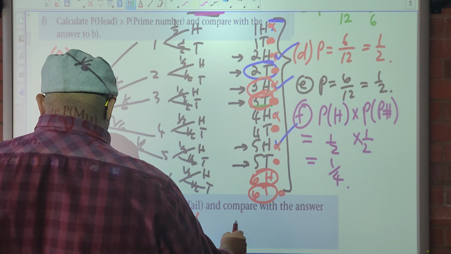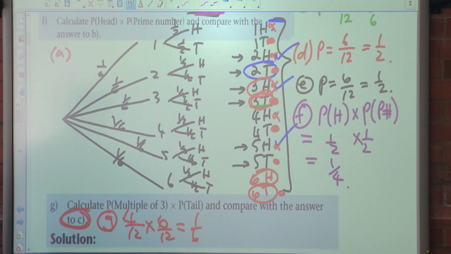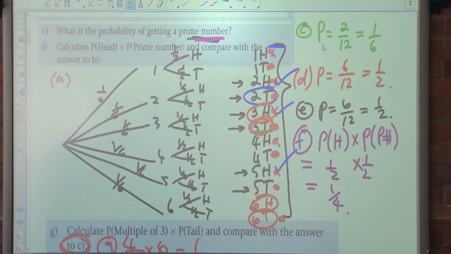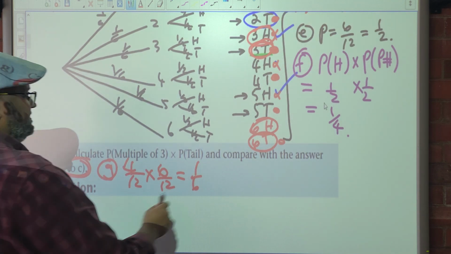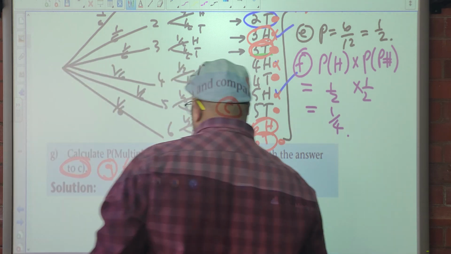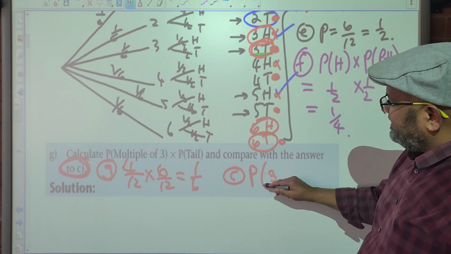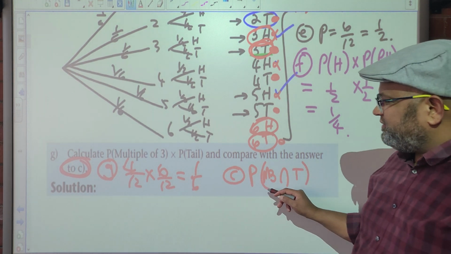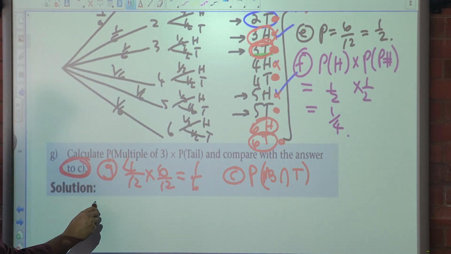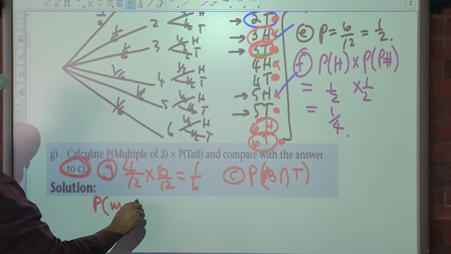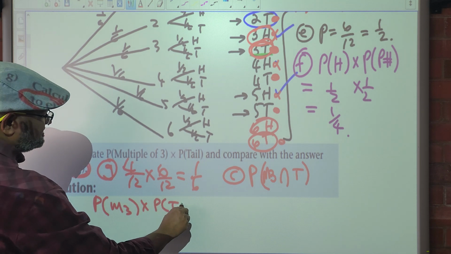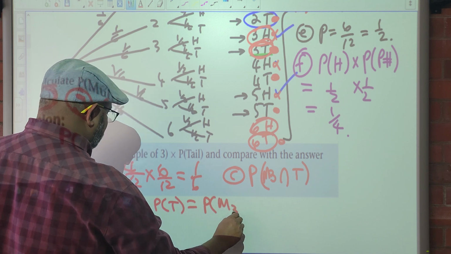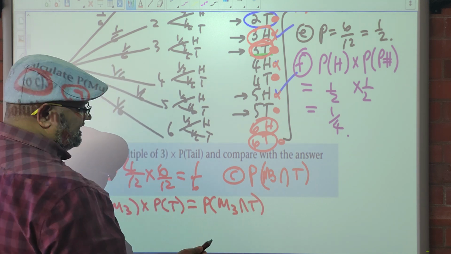So he asks you to compare it with C. And what was C's answer? Also 1 out of 6. But what did we calculate at C? We worked out the probability of a multiple of 3 and tails. So what do we notice here? That the probability of the multiple of 3 times the probability of the tails is equal to the probability of the multiple of 3 intersection tails.